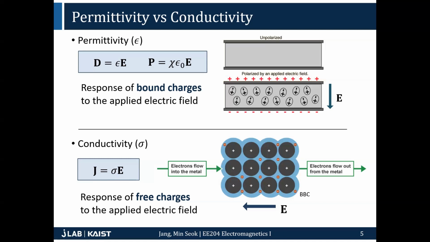What's important is that permittivity describes the bound charge response, and conductivity describes the free charge response. So when an electric field is applied, materials with free charges allow current, and materials without free charges, with only bound charges, will just be polarized, and there will be no current.